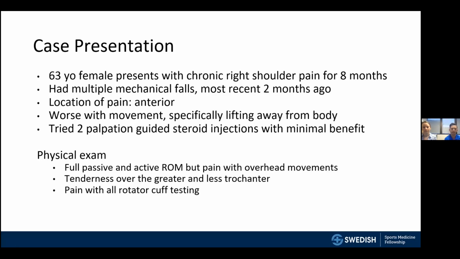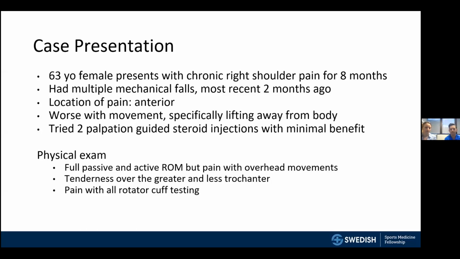She locates the pain along the anterior aspect of her right shoulder, and any movement of her right arm causes pain, especially when she lifts heavy objects or any sort of objects away from her body. She had 2 palpation-guided steroid injections done by her family medicine physician, but she states that she got at most about 1 week of pain relief.